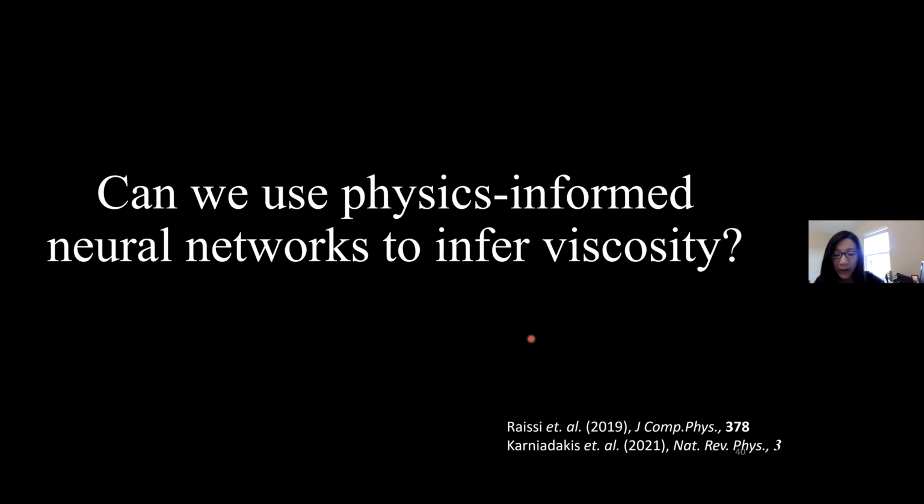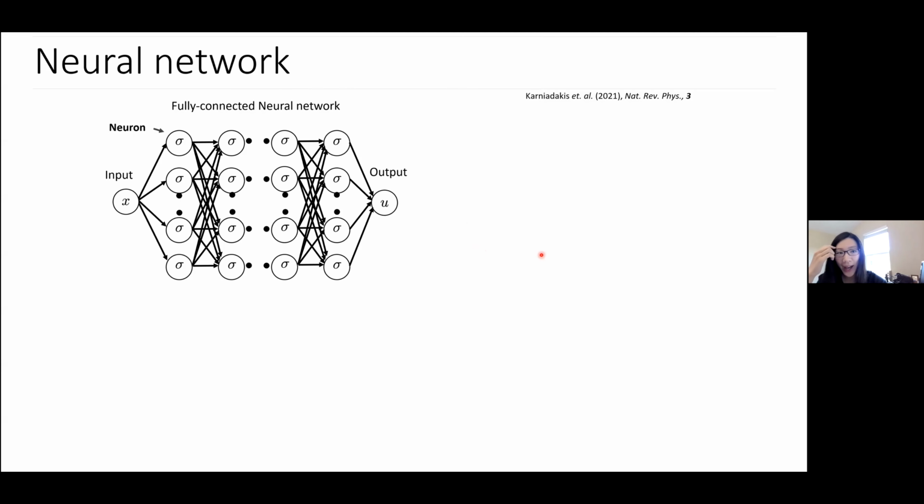And here I'm going to briefly introduce a technique that we use to do this inversion, the neural network that's informed by physics. So just so that everyone is on the same page, what is a neural network? A neural network is a model of some output parameter as a function of input. And here I'm mainly focused on a fully connected multi-layer neural network.